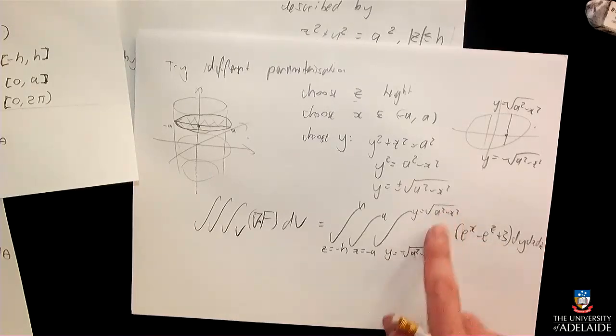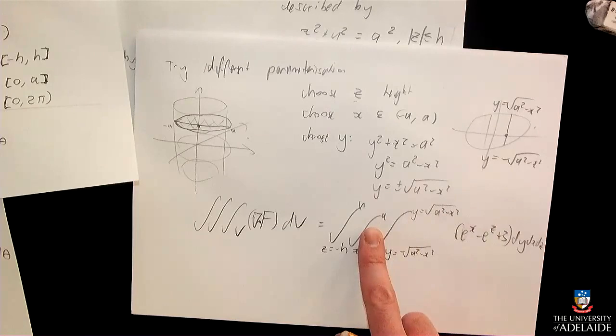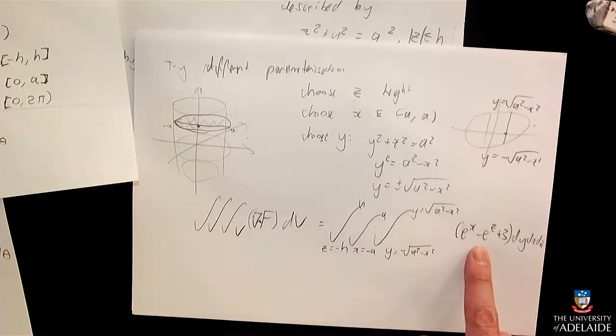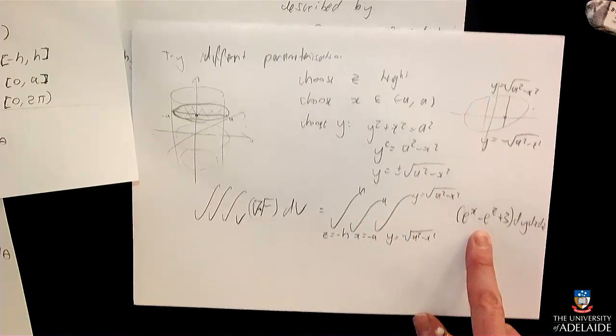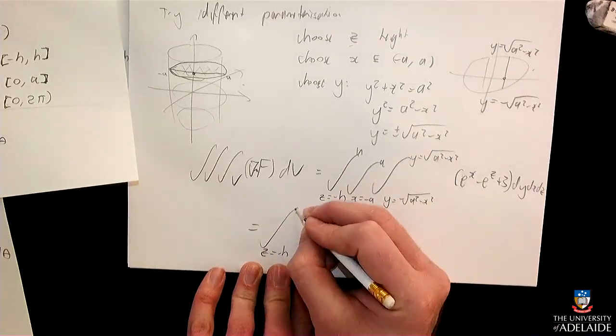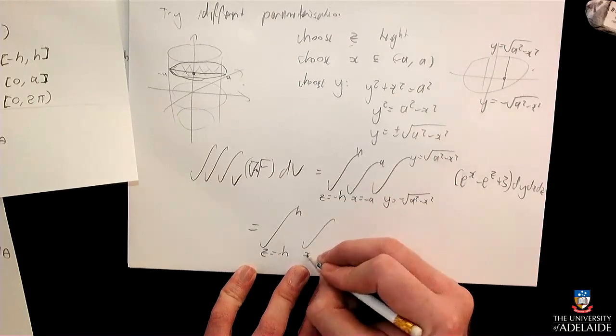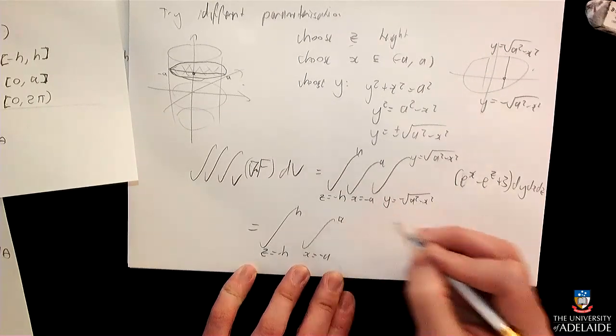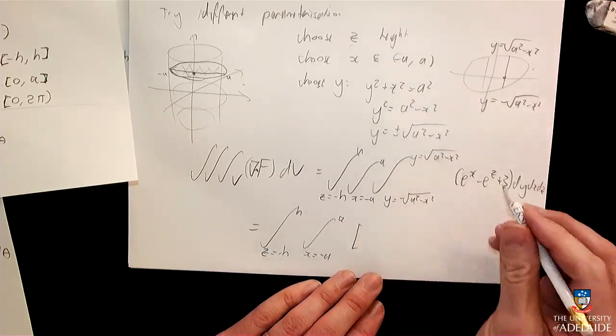But the y does involve an x, so I can't bring this out. But it is a constant, isn't it? So it'll be constant times y.